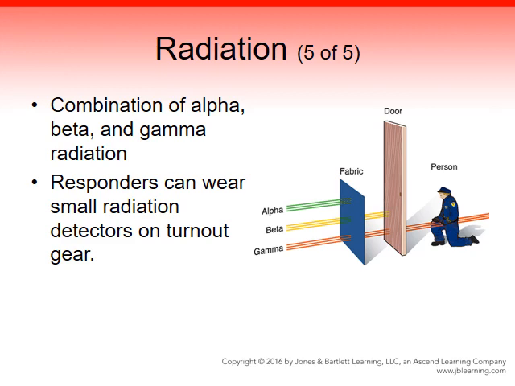As seen here in this chart, you have your alpha rays, which can easily be blocked by fabric, beta rays, by something as simple as a door, and gamma rays will actually go through the fabric and the door. So really with your gamma rays, the only true defense is basically lots of water, lead, as well as copious amounts of concrete.